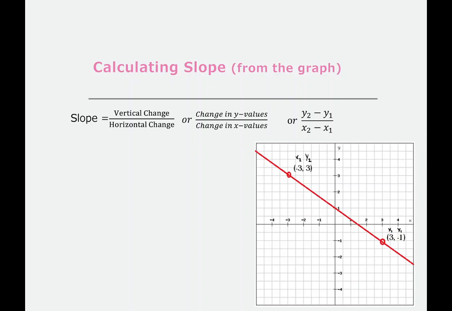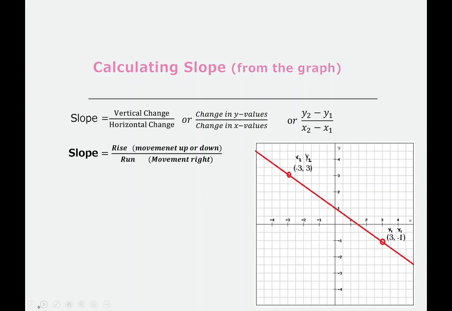Two coordinates, the subscripts just show that we have coordinate number 1, coordinate number 2. The equation I would like you to remember today is the slope is going to be equal to the rise divided by our run. What I mean by rise is our movement up or down, and our run is the movement to the right.